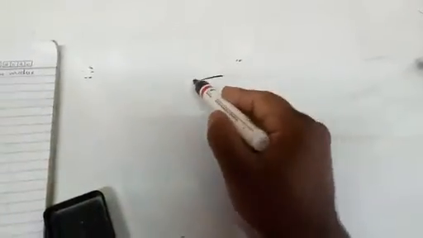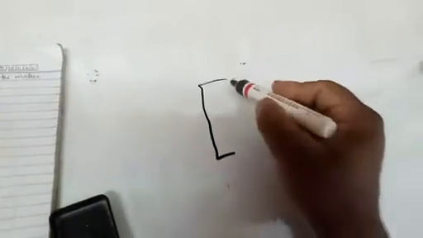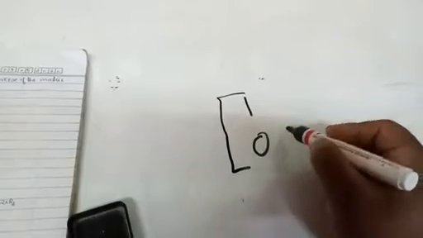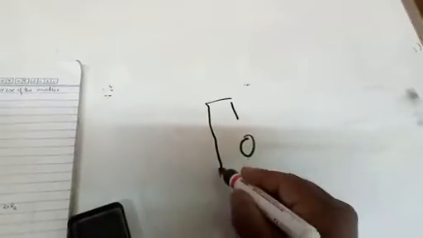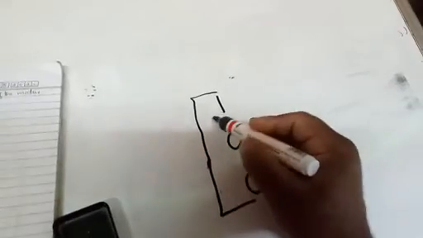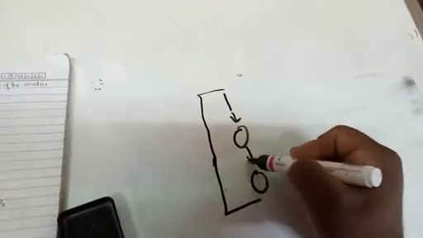In 3 by 3, the first step is you have to make 1 here, then 0, and the third step 0. This is the first step, then the second.